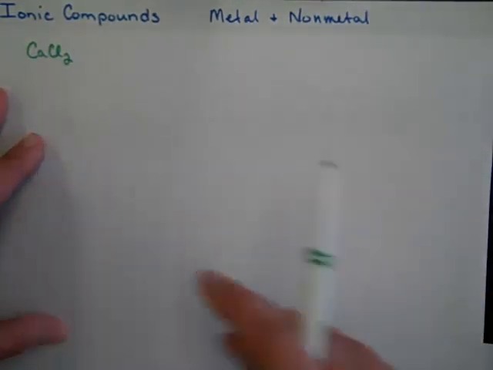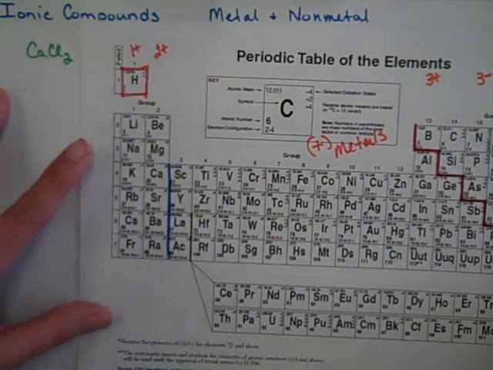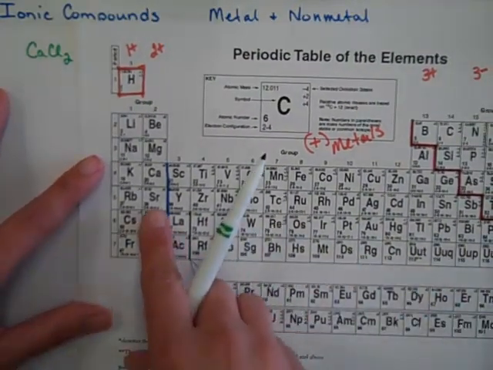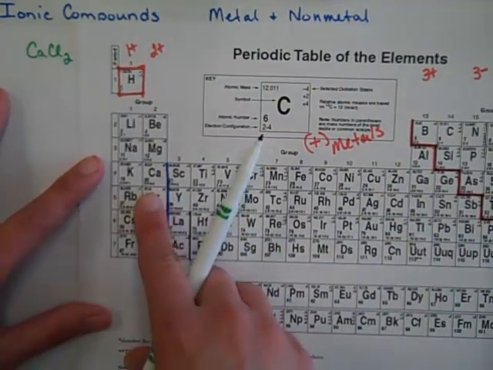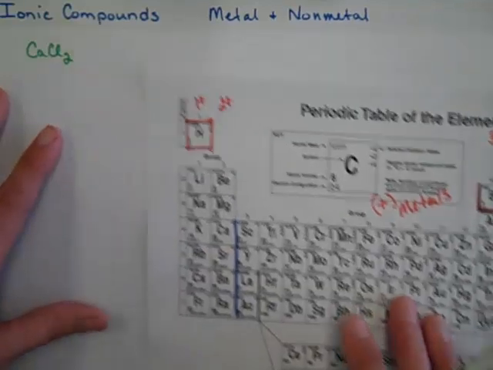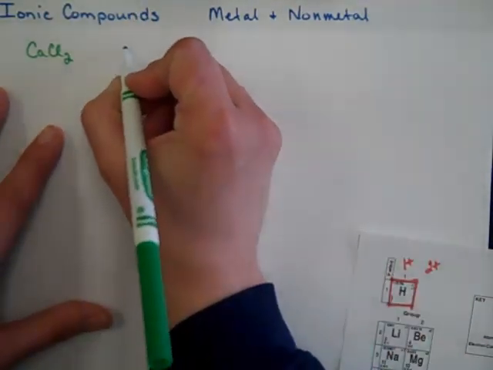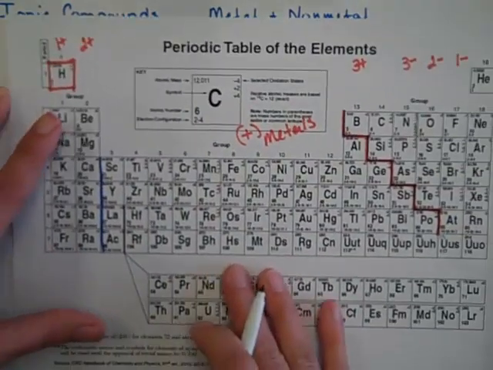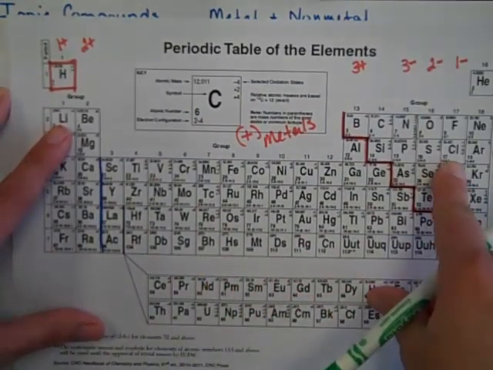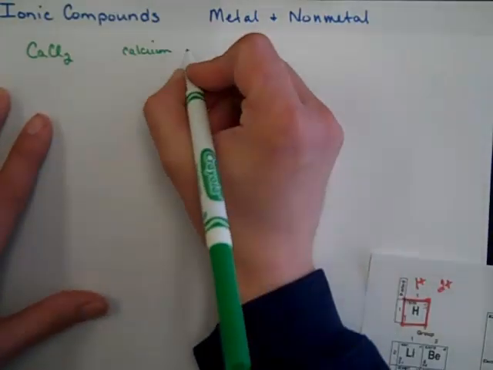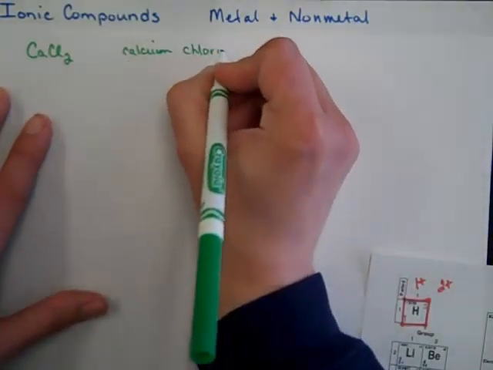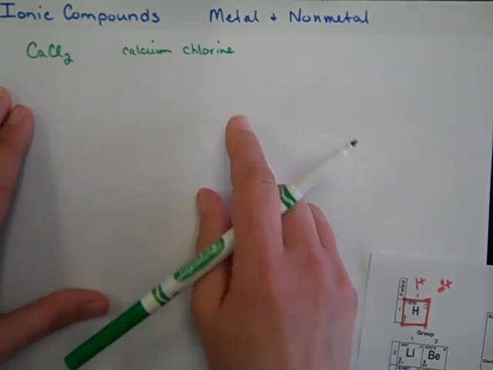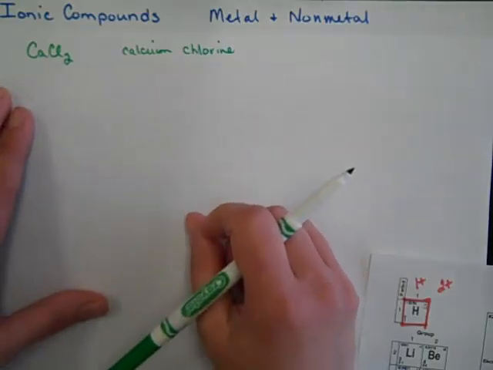In order to name this, we have to go back to our periodic table, find the symbol, so here's Ca, and that is calcium. So we're going to write calcium. And we come over here and we find Cl, which is chlorine. So what we have is calcium bonded with chlorine.